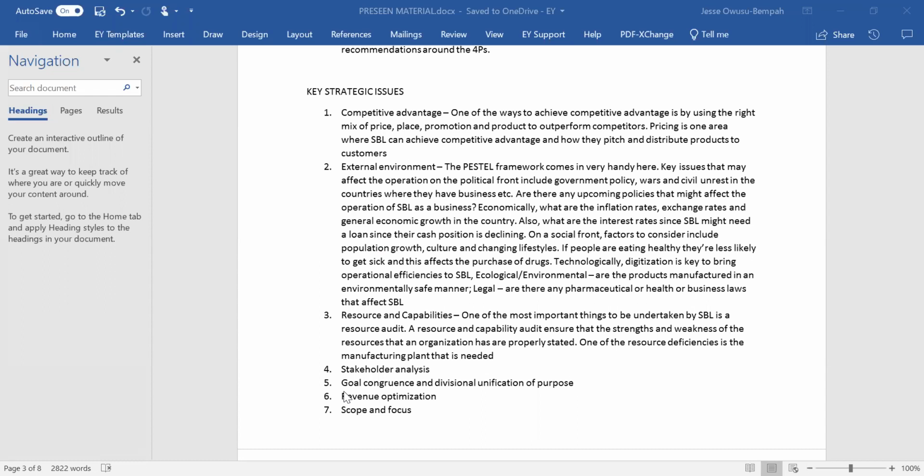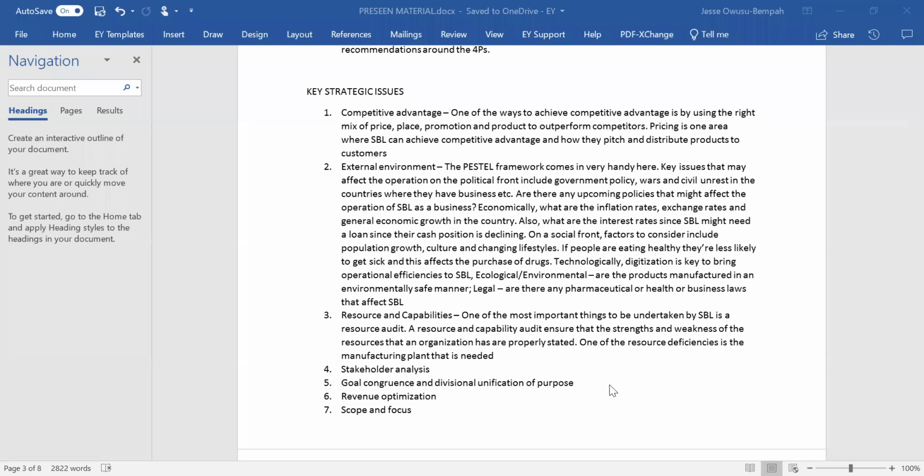One of the things I foresee them asking is something around divisions. When a firm is divisionalized, what are some of the advantages and disadvantages? One of the advantages is that it helps the different departments or divisions to focus on a certain area of the organization.